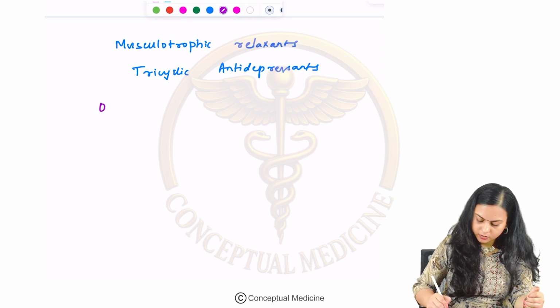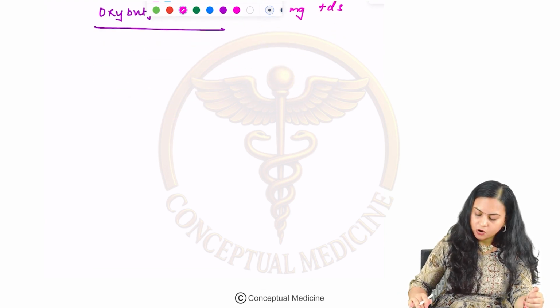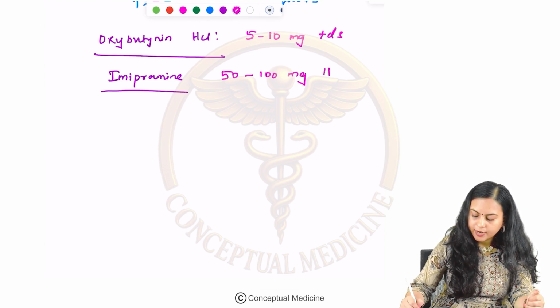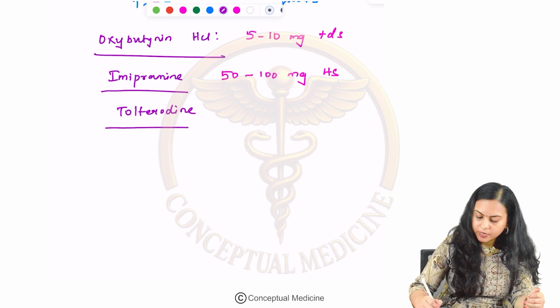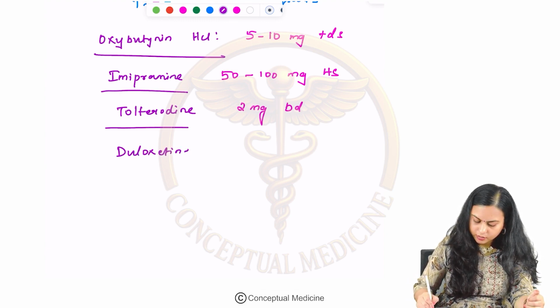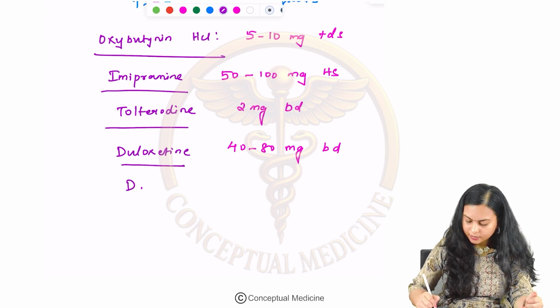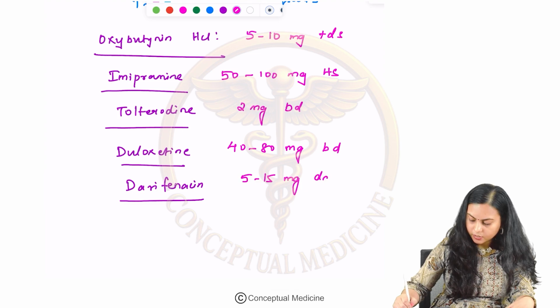The drugs are oxybutynin hydrochloride given at a dose of 5 to 10 milligram TDS, imipramine given at 50 to 100 milligram HS, that is at night, tolterodine given at 2 milligram BD, duloxetine given at 40 to 80 milligram BD, and finally darifenacin given at 5 to 15 milligram daily.